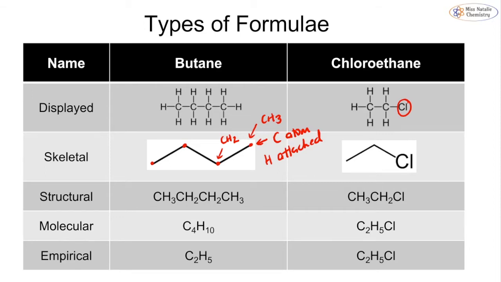So when we're drawing out our skeletal formula, again, this is a carbon, this is a carbon, and we assume that the hydrogens are already there, but we have to physically show the chlorine, so this is assumed to be CH2, and this one is assumed to be a CH3. And again, our structural formula, our molecular formula, and our empirical formula show the different ways that we can put this together.